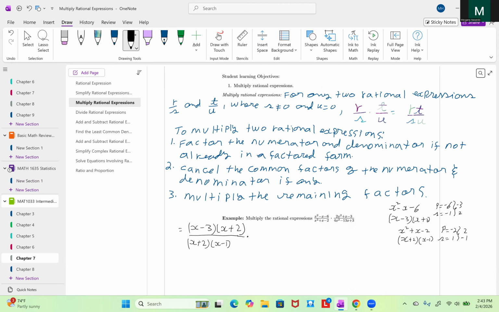Times 2x squared plus x minus 3. We need to find two numbers whose product is -6, whose sum is 1.